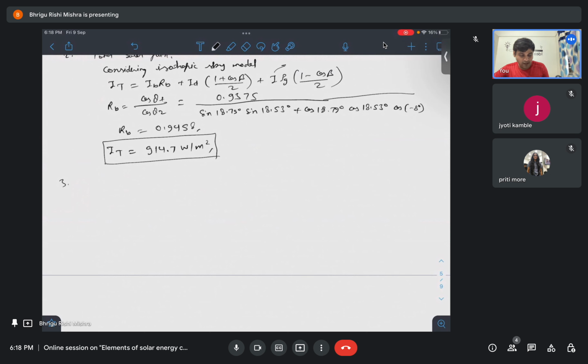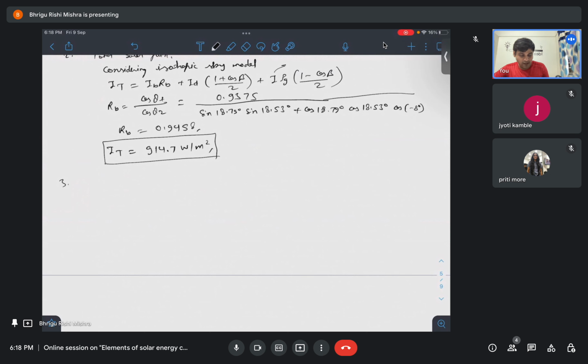From Snell's law, n1 sin theta 1 equals n2 sin theta 2, where theta 1 is the incidence angle, which we have already calculated as 20.36 degree. n1 is air, n2 is the glass, whose refractive index relative to air is given as 1.526.